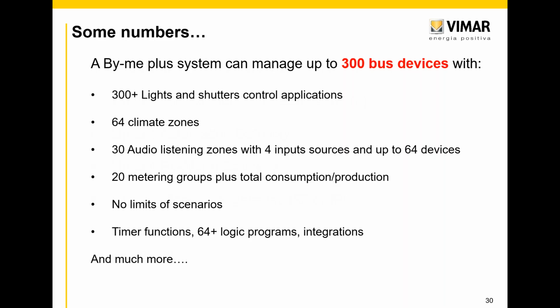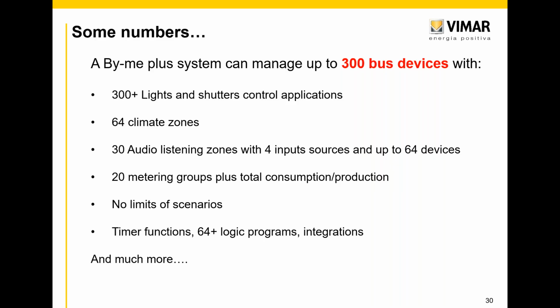In one gateway, ByMe Plus gateway, we can add up to 300 bus devices. So remember that the bus ByMe is a bus system, and we can connect to a unique gateway up to 300 devices with the same rules as before, for instance, with the structure we are going to see later on in terms of bus connection.